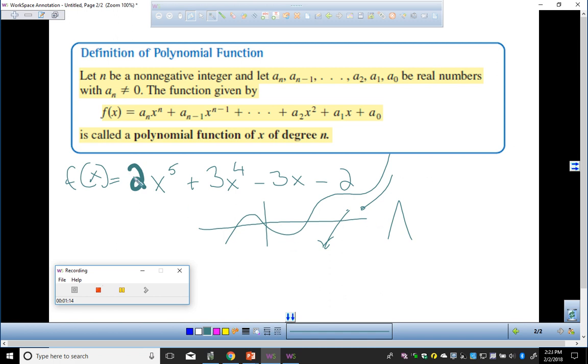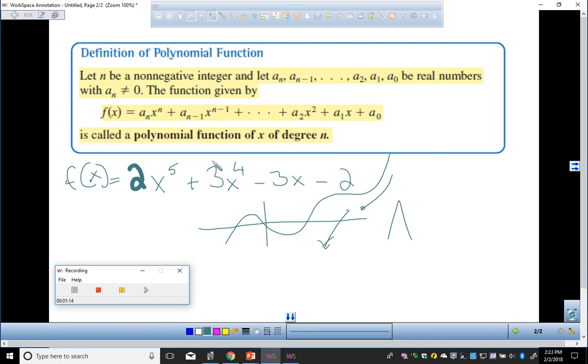And so usually they always will have positive integer exponents, and they'll have coefficients. You can't have a fractional coefficient, but we usually won't be dealing with those, at least in this chapter.